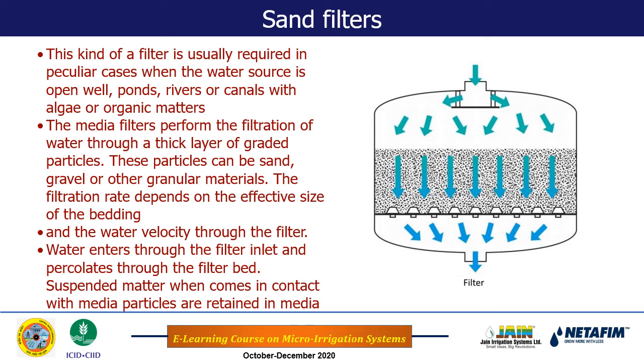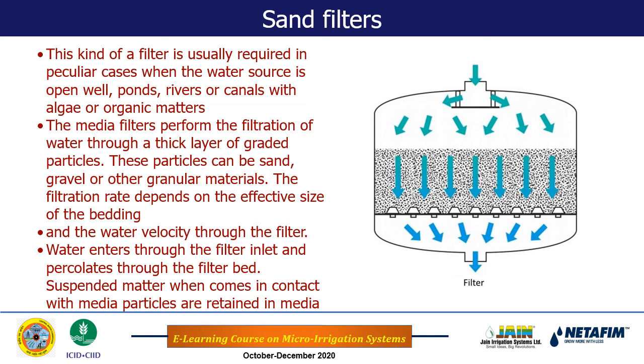So here you see that there is an inlet at the top, so water from the main line will enter into this tank. Basically a sand filter is nothing but a tank which has a bed of sand of a particular size, and below the bed of sand there are nozzles like this. These are the small filters actually.